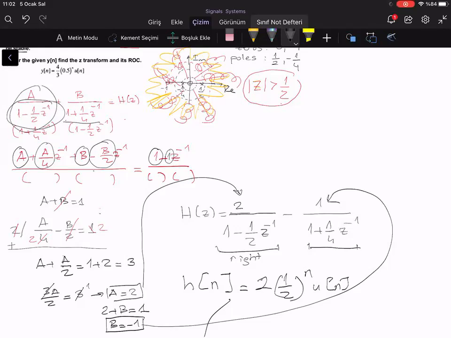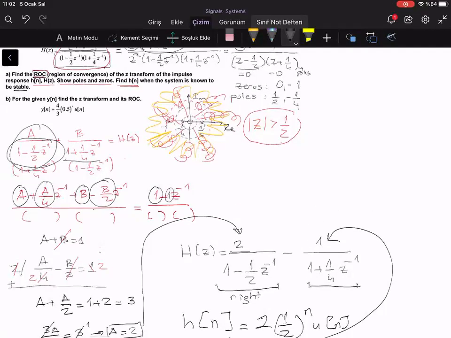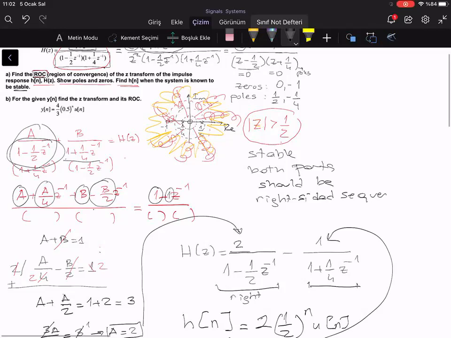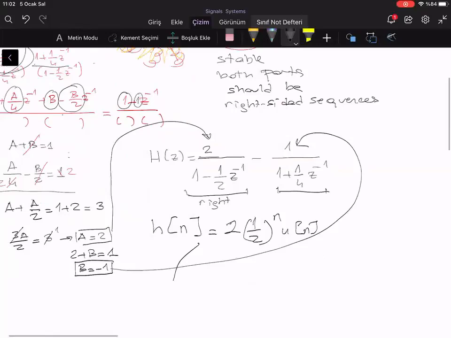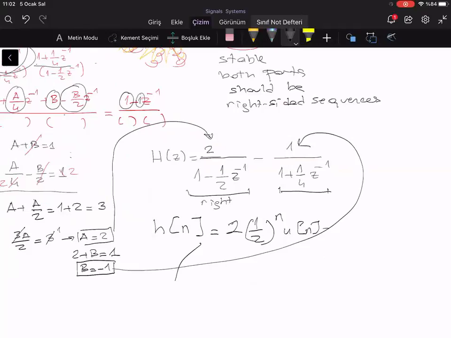Süleyman, you said this is left-sided, but if you remember, we said that both are right-sided, because for this to be stable, both parts should be right-sided sequences. Then we can directly apply the same rule. Then I will write minus 1 over 4 to the power n u[n].